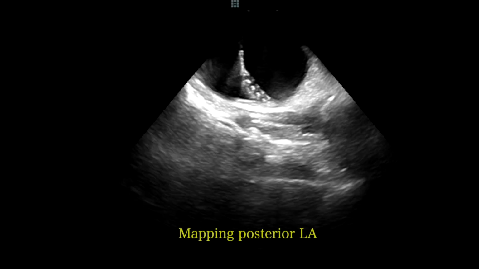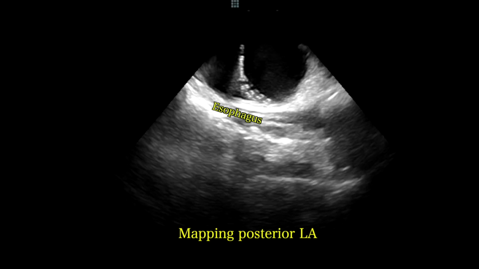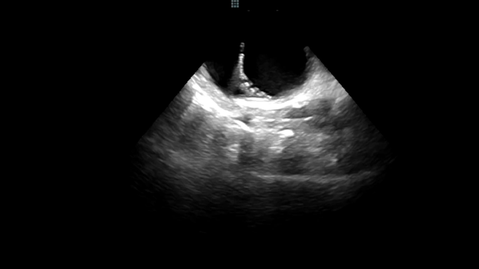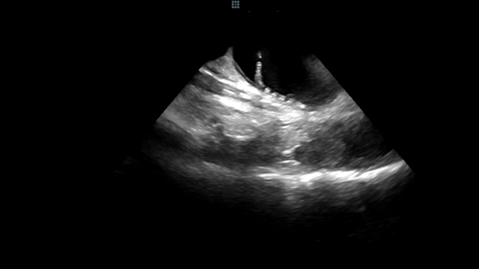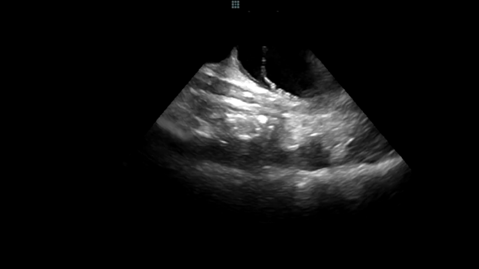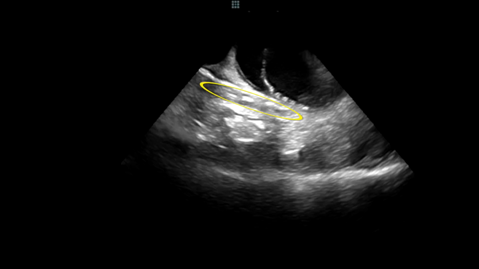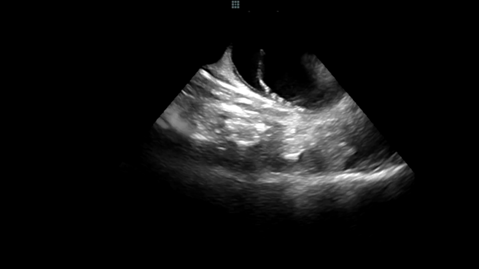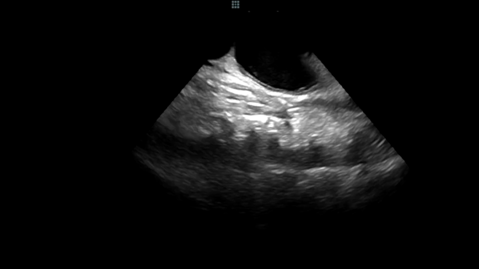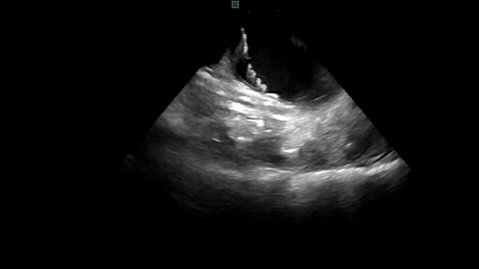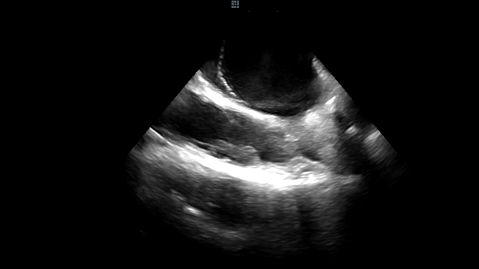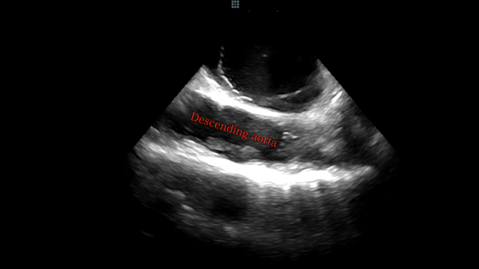Here we are mapping the posterior part of the left atrium, and we know this is posterior because we can see the esophagus. Again, you can see the temperature probe inside the esophagus right there. Now we are mapping against the descending aorta.